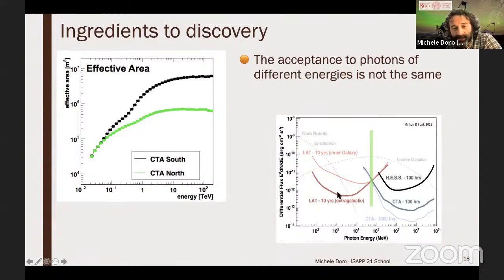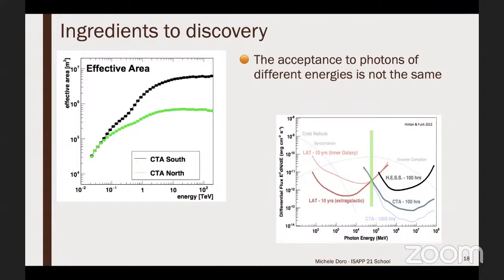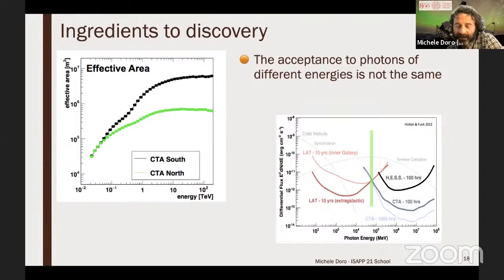Now, I hope this is clear. Why are we losing sensitivity when we increase the energies? Does anybody know why the sensitivity gets worse when we go to higher energies? Because there is a smaller number of photons. Exactly.